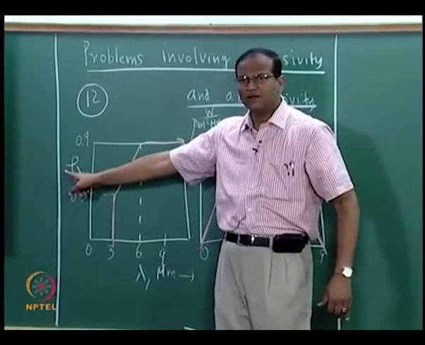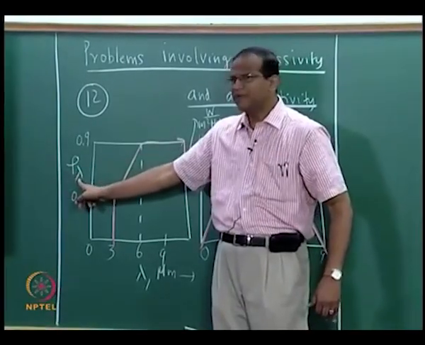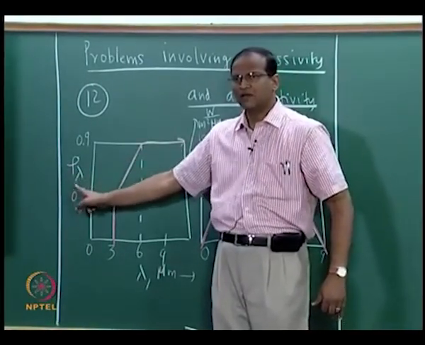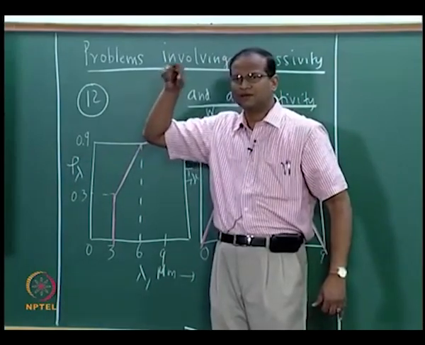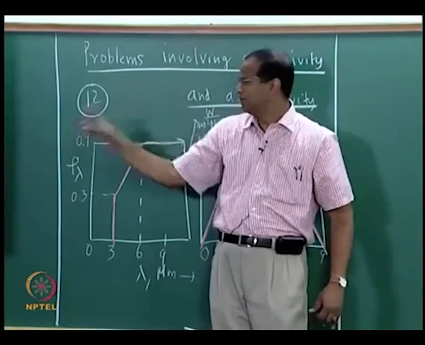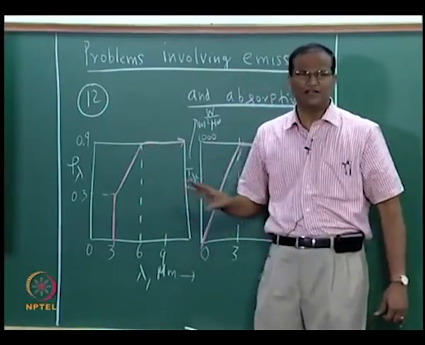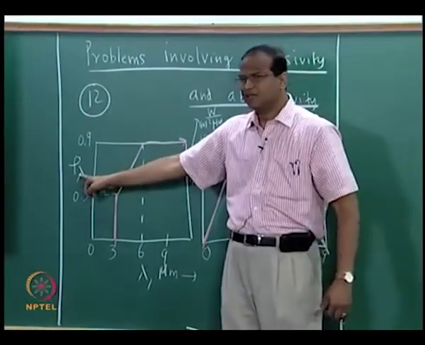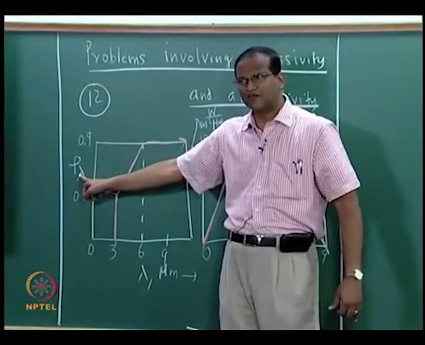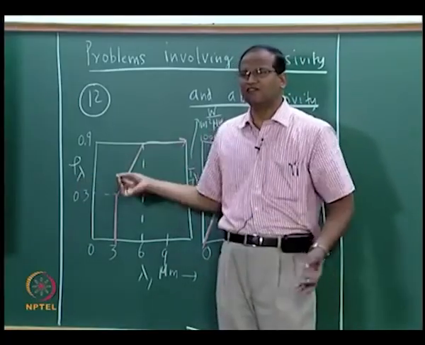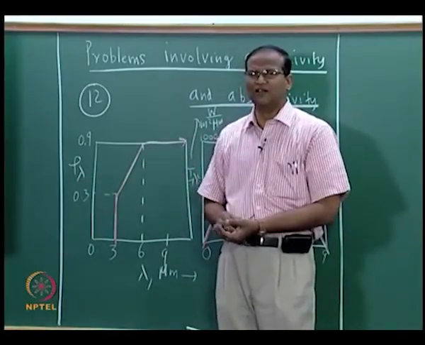What is rho lambda? What about the dash? Direction. What happened? We knocked off the dash. That means it is hemispherical. So this is hemispherical spectral reflectivity. So when I give it in English, I will say the hemispherical spectral reflectivity of a surface is given.